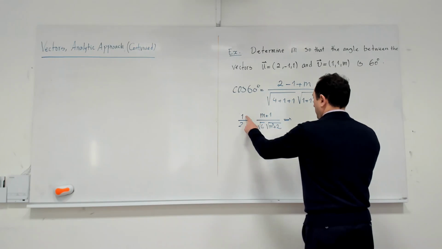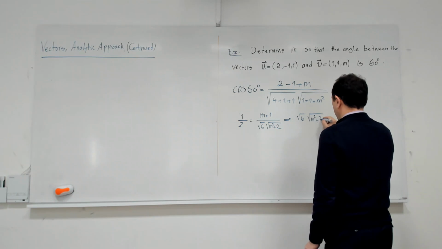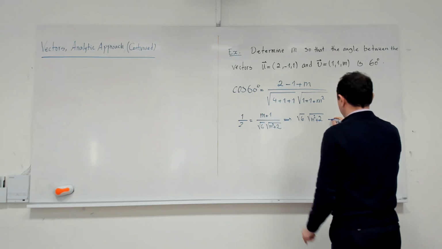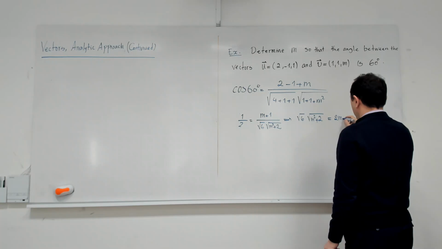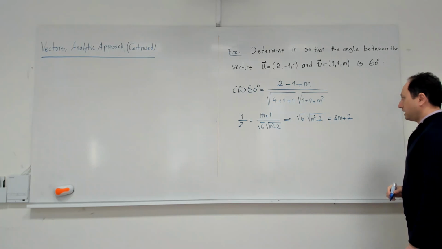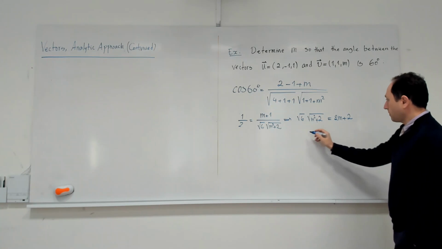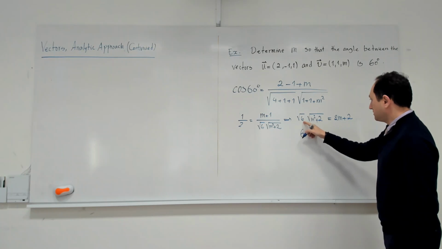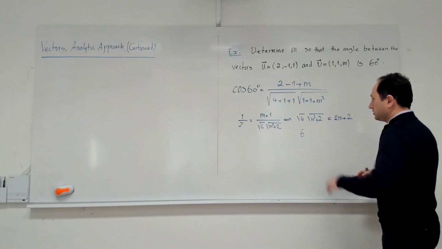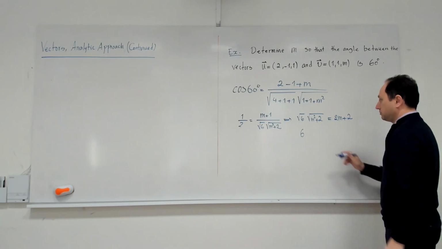This multiplied by that is equal to this multiplied by that. Then I raise both sides to power 2. This becomes 6 multiplied by that. When I raise them to power 2, this raises to power 2, this raises to power 2, then I have to multiply.